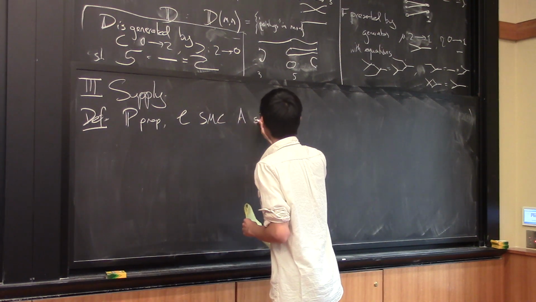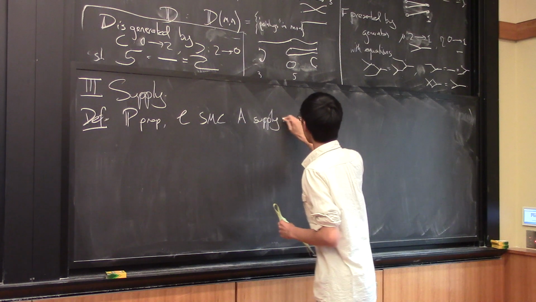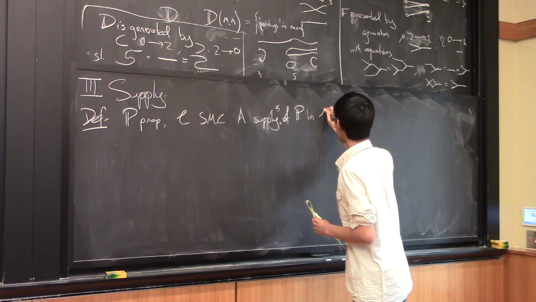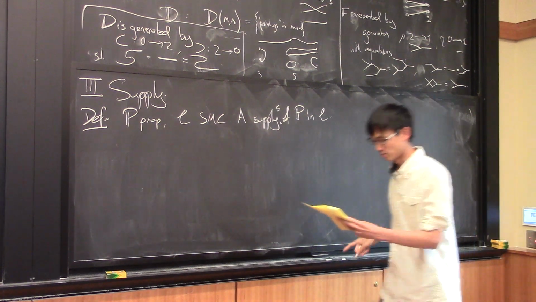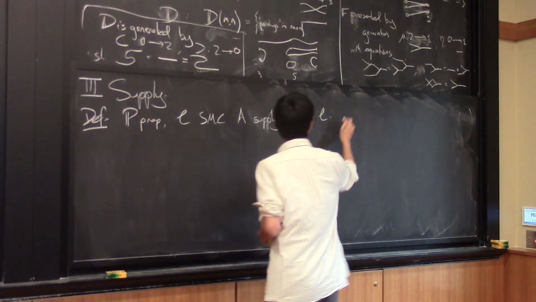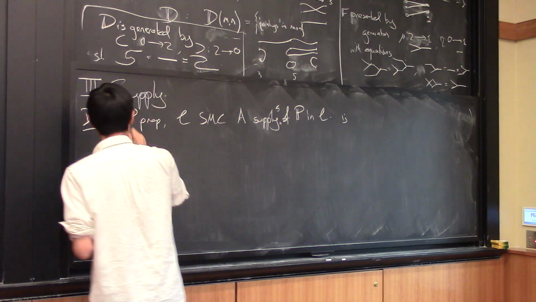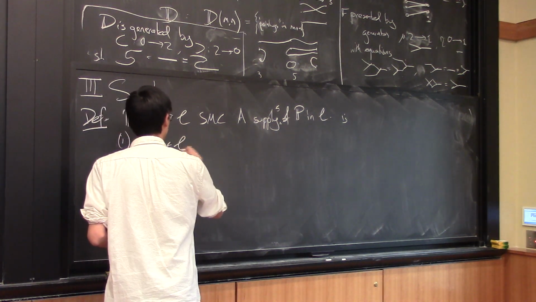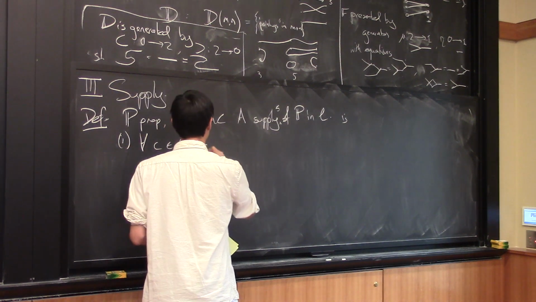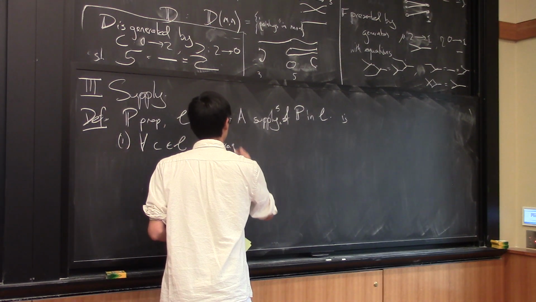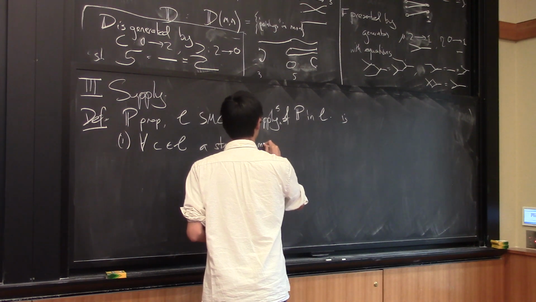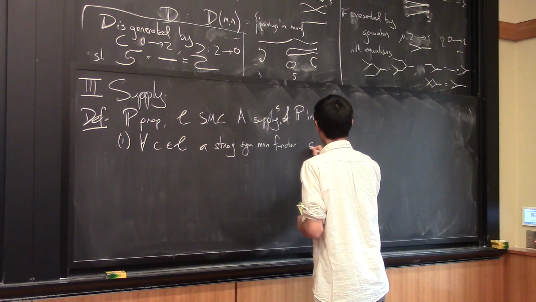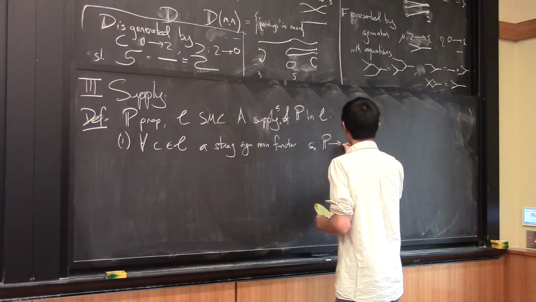Then a supply S of P in C, so of the algebraic structure in the world that we want to work in, is simply, for each object in C, a strong symmetric monoidal functor S sub C from P to C.